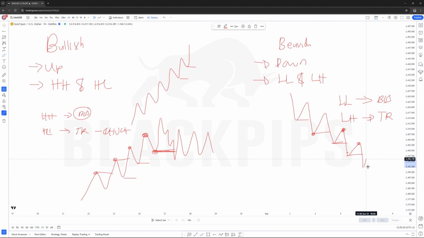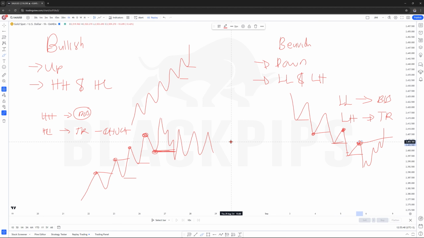Because if the market comes and breaks up again, it means this is a new sign for us to say that the market maybe now wants to be an uptrend or bullish market structure, or ranging.